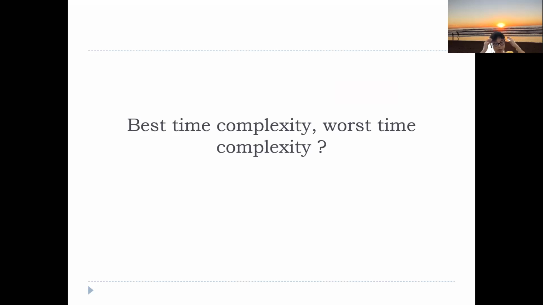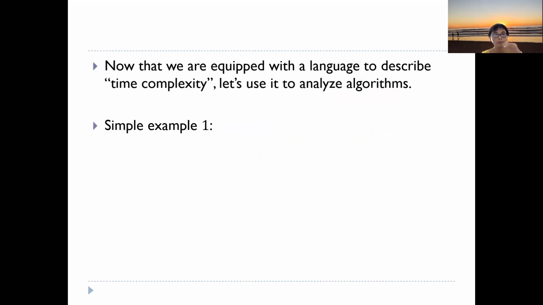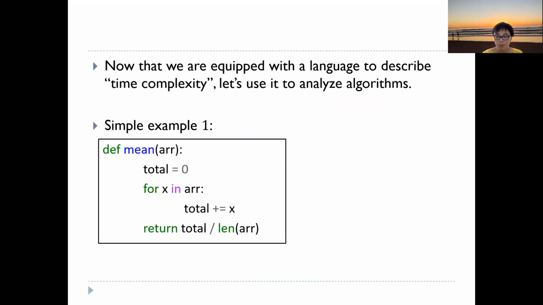Okay, if there are no further questions, let's now talk about how to use this language to help us analyze the complexity of algorithms. Let's first look at a very simple example.